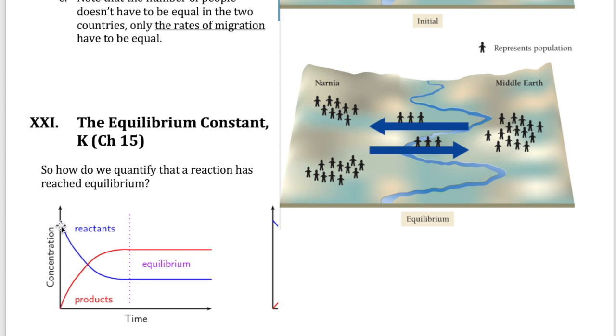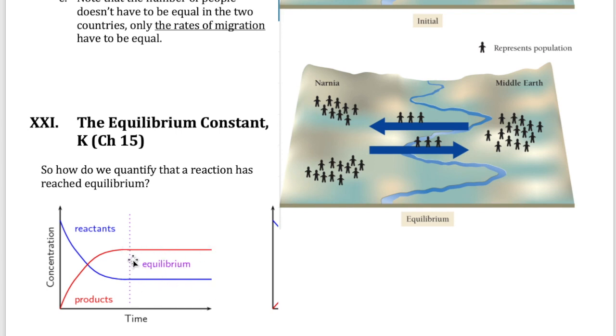I have a lot of reactants, and I don't have any product. This axis here is the concentration of each of those species. As the reaction progresses, I would use up my reactants, so slowly the concentration of reactants comes down, and the concentration of product is going up because I'm making those products. Now at some point, the products' and the reactants' concentrations no longer change. And at that point, I know I've reached equilibrium.